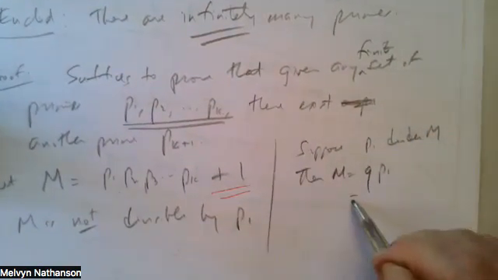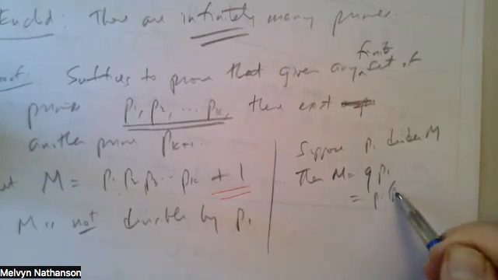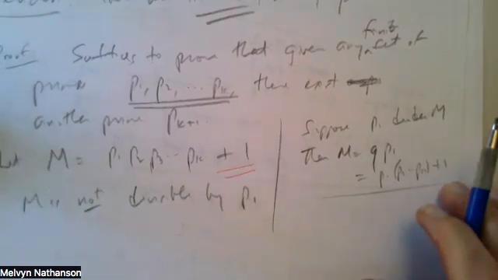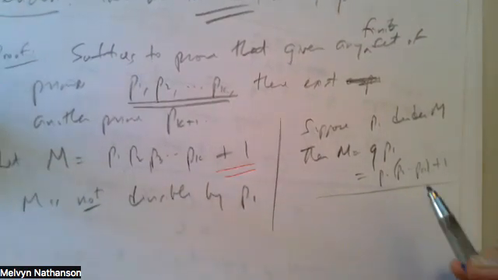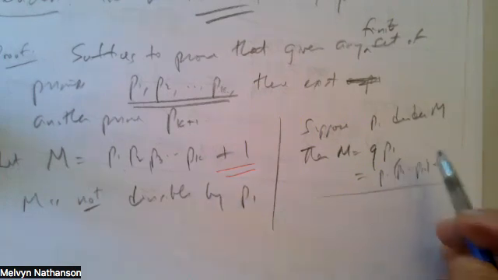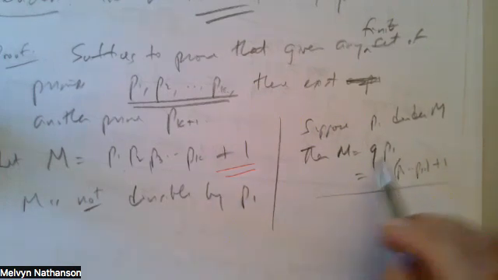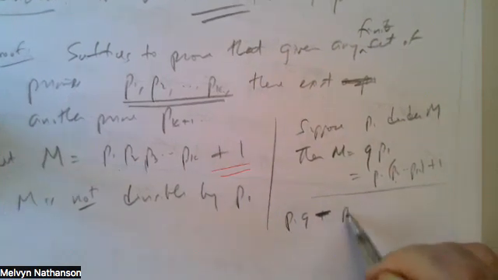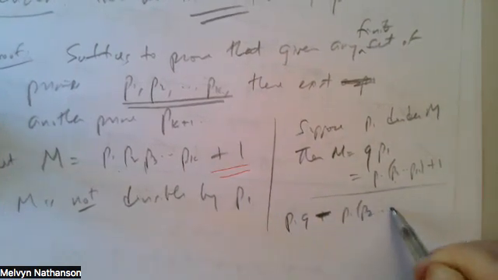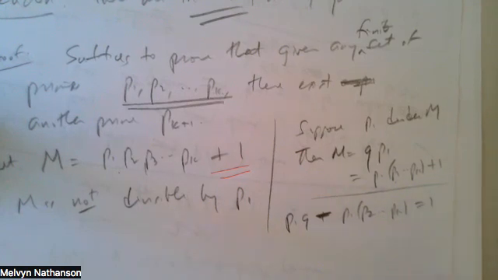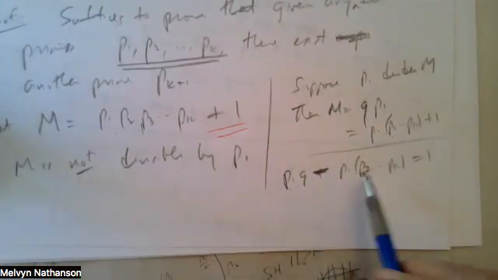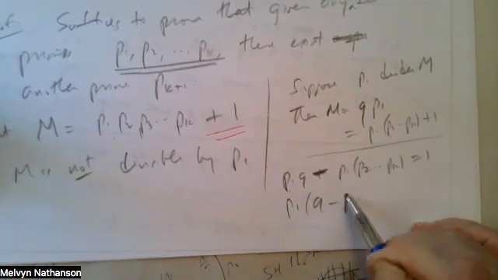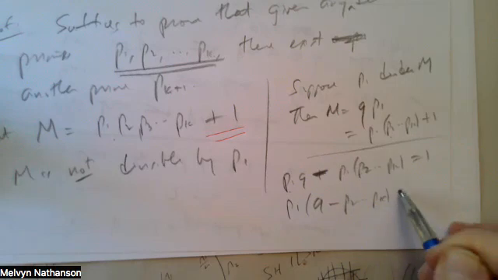But m is equal to p1 times p2 up to p sub k, plus 1. So if I rearrange this, p1q minus p1 times p2 up to p sub k equals 1. And if I factor out the p1, this says p1 times (q minus p2 up to p sub k) equals 1.